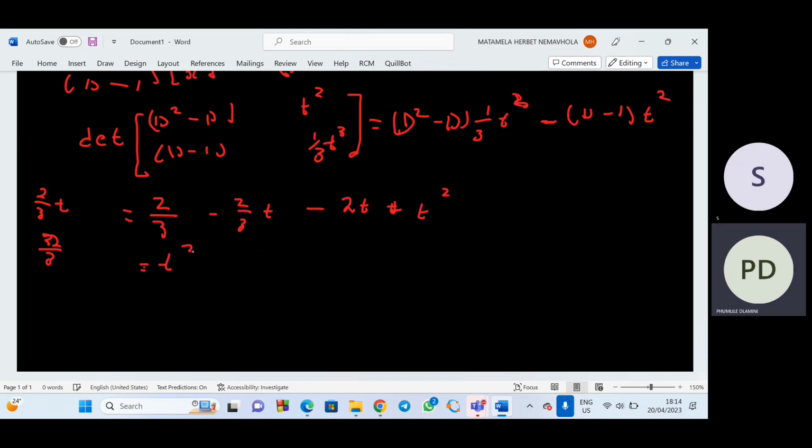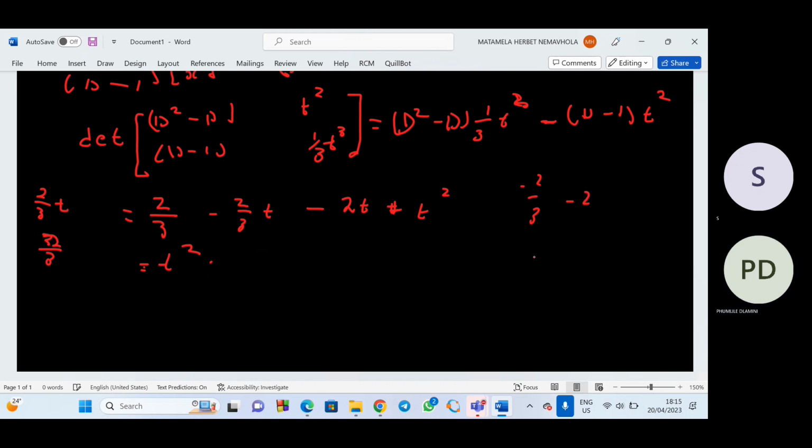So if you check here, our answer is going to give us something like t squared minus t squared. Then we can subtract these two here, 2 over 3 minus 2, you can also use your calculator.